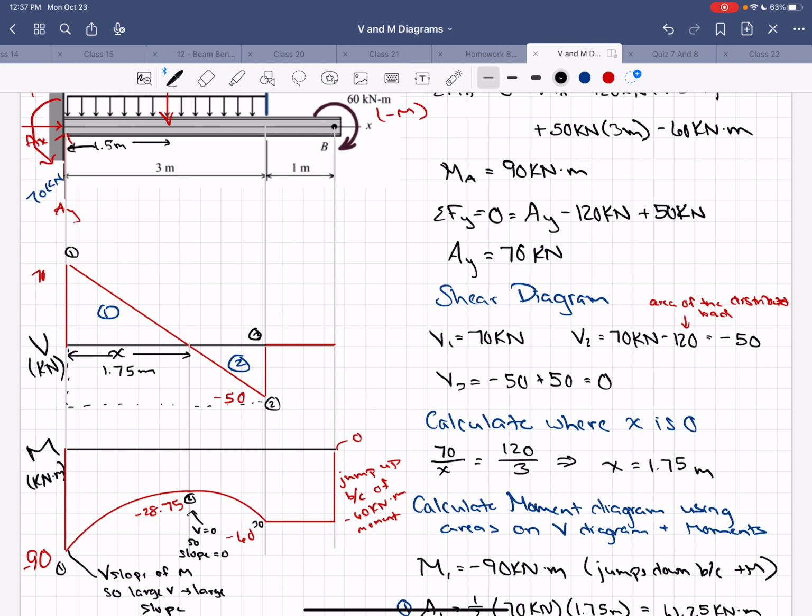Hopefully that helps you keep track of that. Alright, so that's the graphical method.